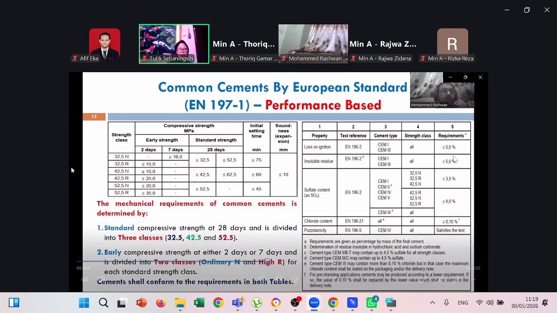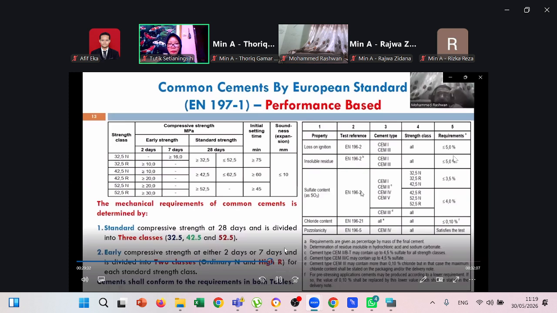And finally, for 52.5 strength, the initial setting time must be more than 45 minutes. And for expansion, in millimeters, for all classes the expansion of the mortar must not exceed 10 millimeters.